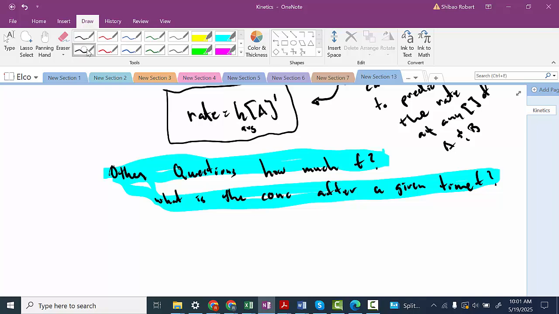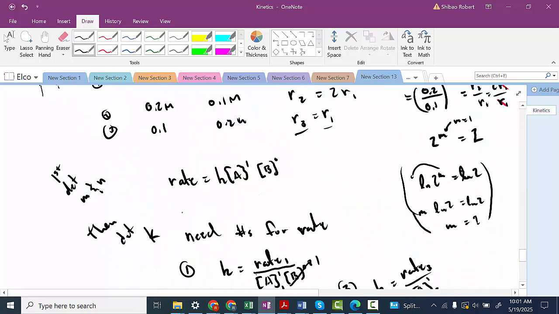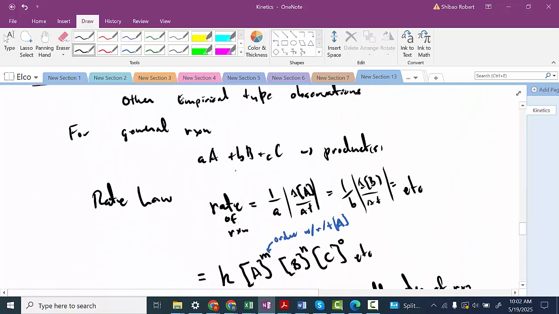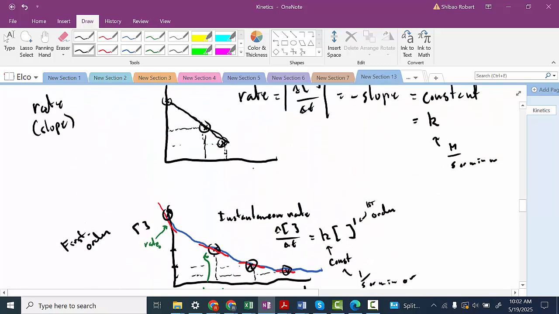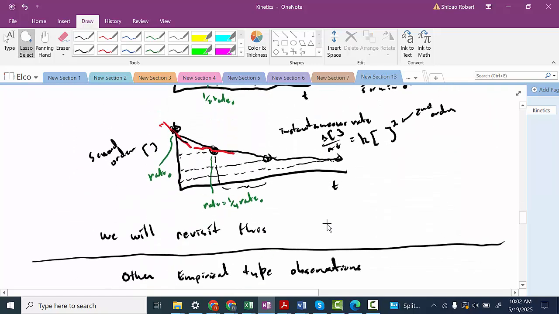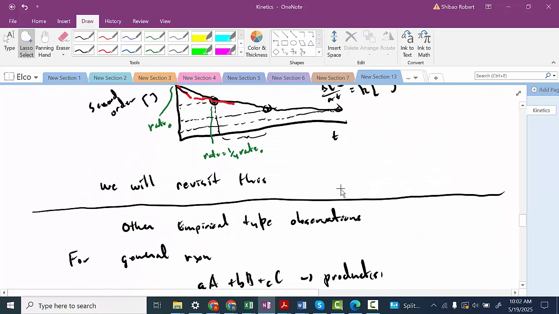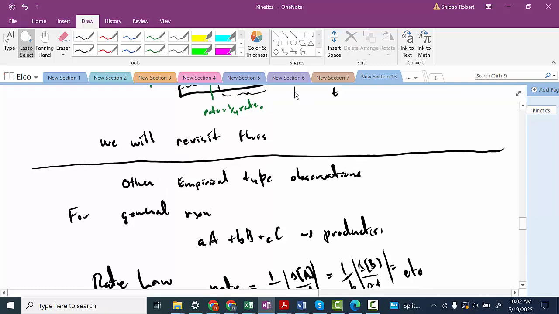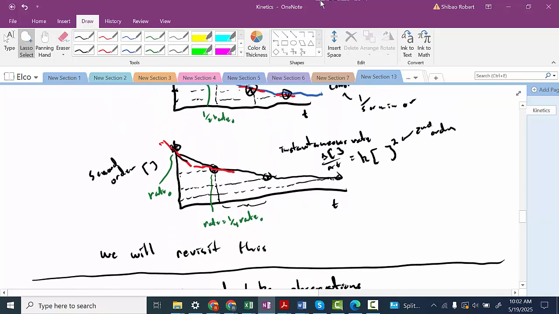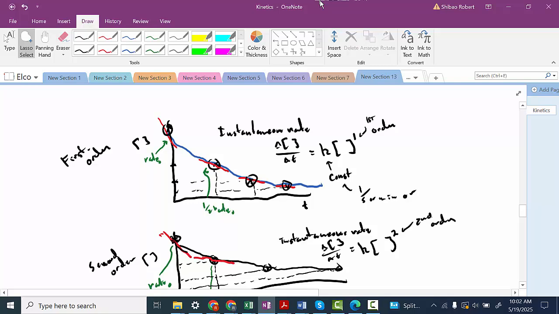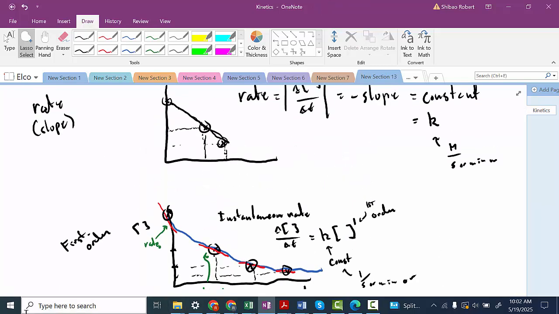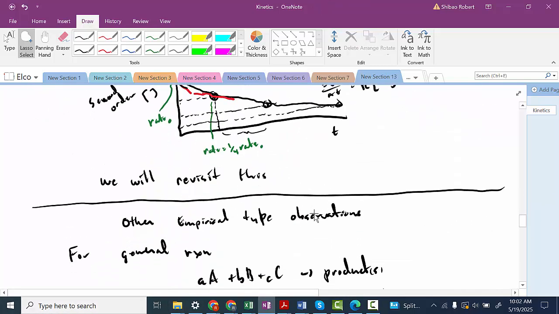The problem is the rate is constantly changing. Actually, for zero order, it's not bad. You can predict how long things are going to take. But for something like this, where the rate is constantly changing, how long is it going to take? If the rate were constant, it would be pretty easy to figure it out. Let's say you're driving to someplace, and the speed is constantly changing.